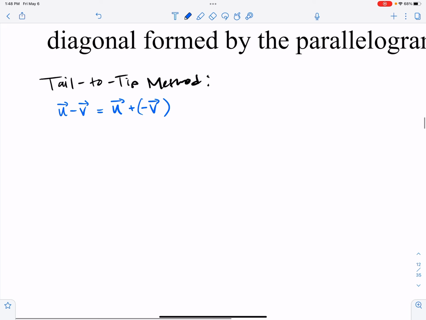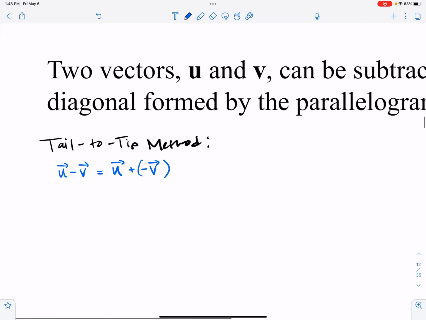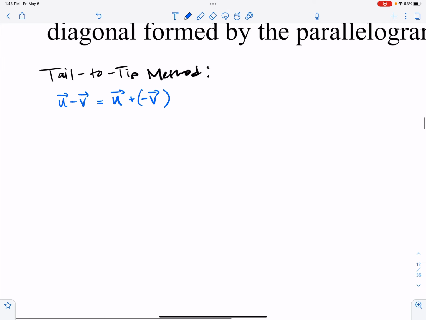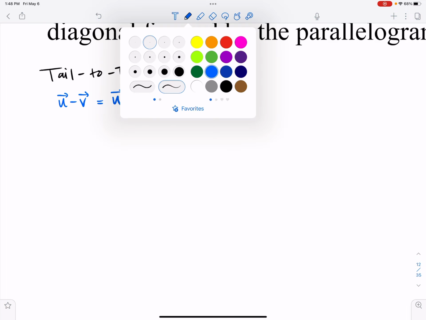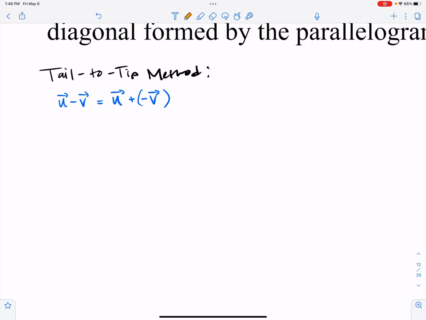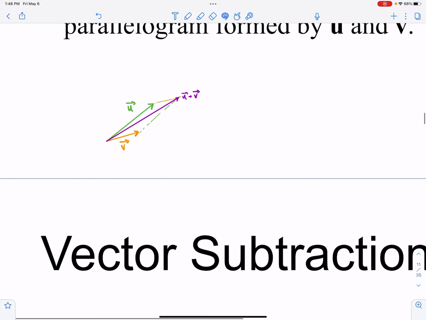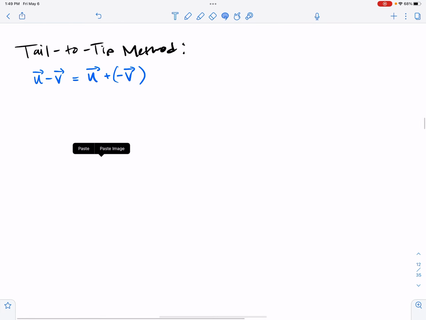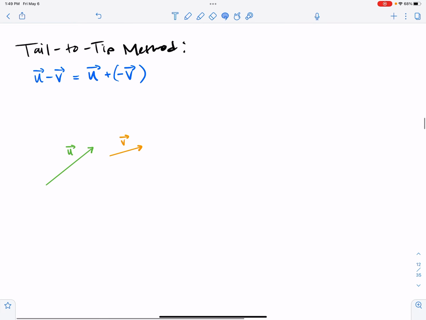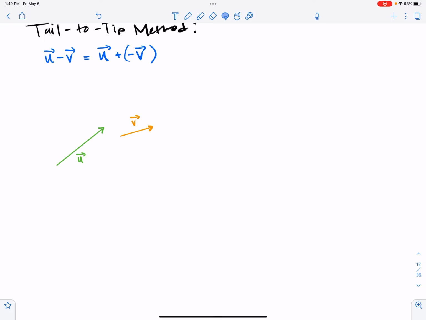So in the picture, let's just do two, we can use the same ones. Okay. So if this is vector u, tail to tip method. If we were thinking about adding u and v together, we put them like that.